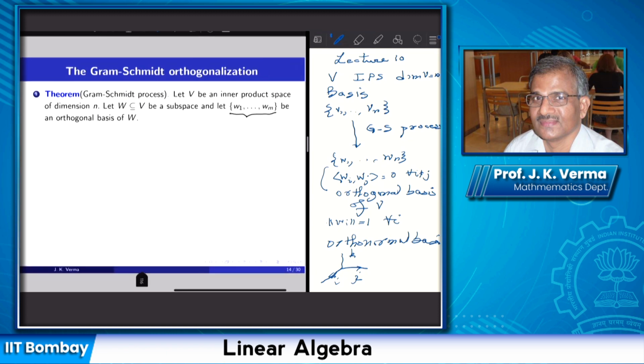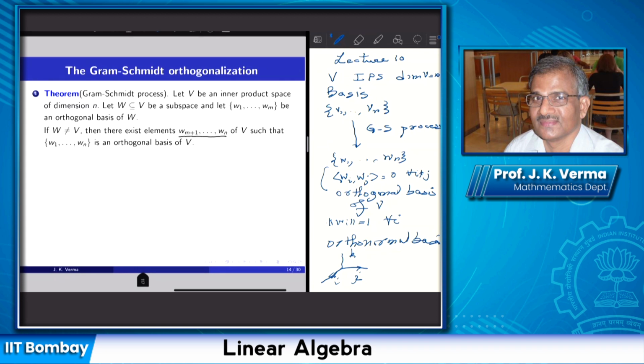W is a subspace, its dimension could be 1 or 2 or whatever, but we have constructed an orthogonal basis W1 up to Wm of this subspace. Then there exist additional elements Wm plus 1 up to Wn of the whole space, so that W1 up to Wn is an orthogonal basis of V.